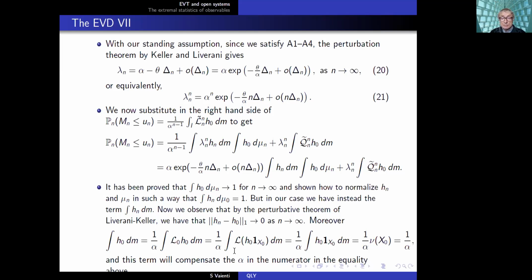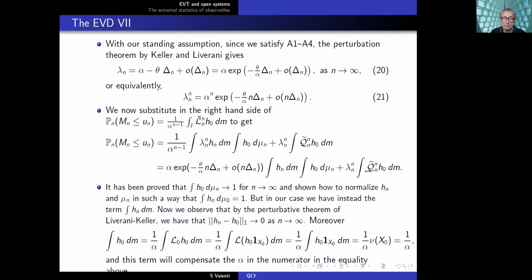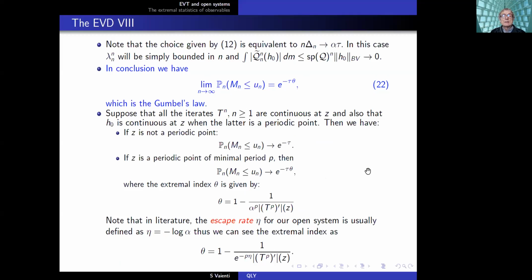So now we have done, because okay, these are technical facts related to the fact that we can discard this quantity here, in the sense that this goes to 1 and the other goes to 0. But at the end, the important fact is that we get this formula here, which is the Gumbel law. Namely, if we weight with this set of probability our events, maximum less or equal to un, provided un is defined as I said before, we get this asymptotic result, which is called the Gumbel law.